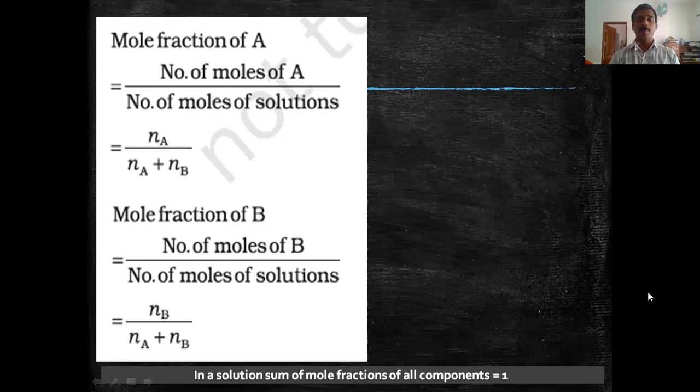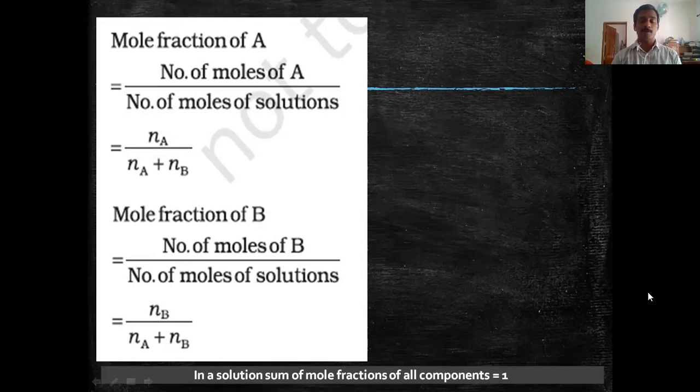Mole fraction of component A, XA, is equal to number of moles of component A divided by number of moles of solution. That means total number of moles in the solution. If Na represents number of moles of A and Nb represents number of moles of B, then mole fraction XA is equal to Na divided by Na plus Nb.